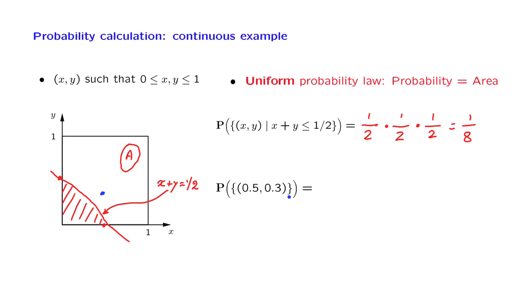So we're asking for the probability that our dart falls exactly on top of that point. What is it? Well, it is the area of a set that consists of a single point. What is the area of a single point? It is 0. And similarly, for any other single point inside that sample space that we might have considered, the answer is going to be 0.